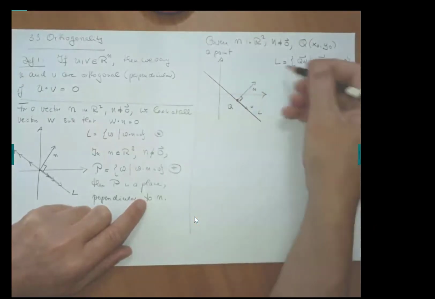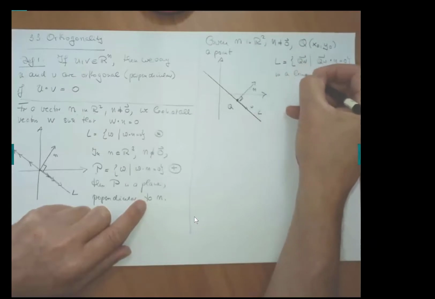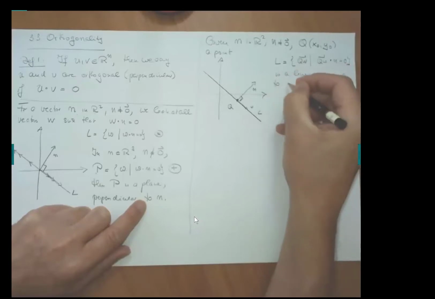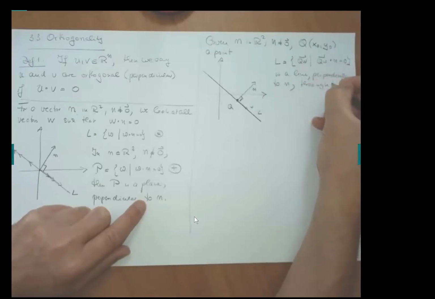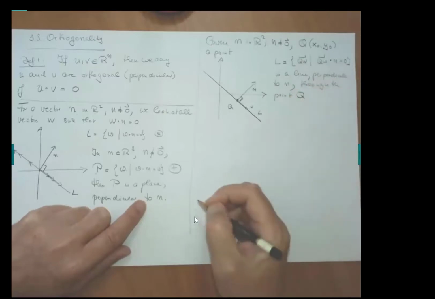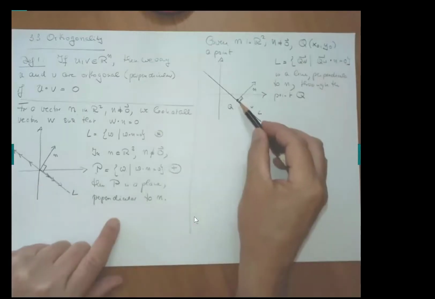So again, maybe this time I write it in words, it is a line perpendicular to n and through the point Q. And now you can imagine you can do the same thing in 3 dimensions.